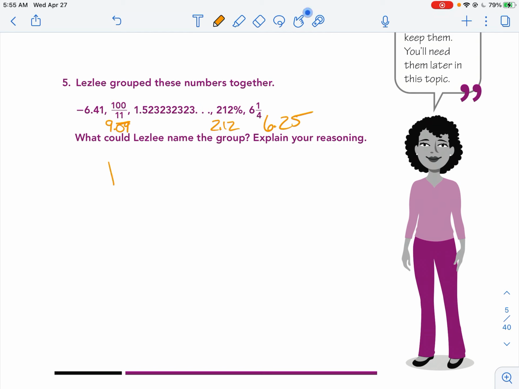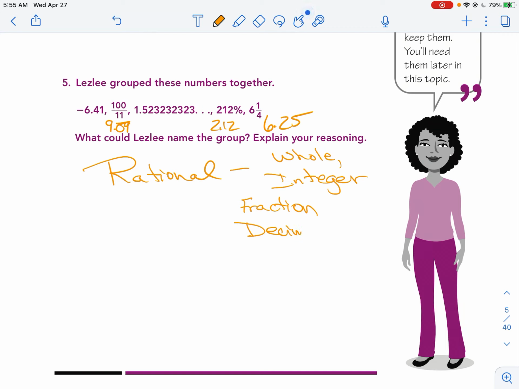I'm not sure if you will know this yet, but these are all rational numbers. How do I know they're rational numbers? Because rational numbers can be a whole number, an integer. I just totally spelled integer wrong. And then it could be a fraction or decimal, as long as that decimal is terminating.